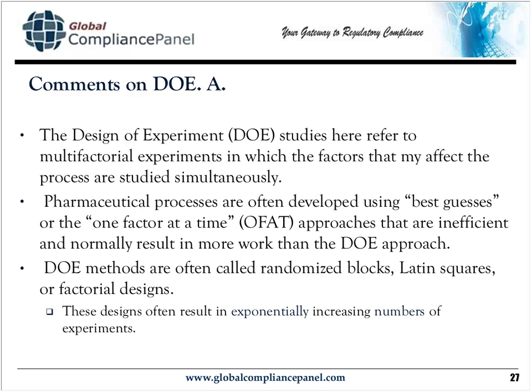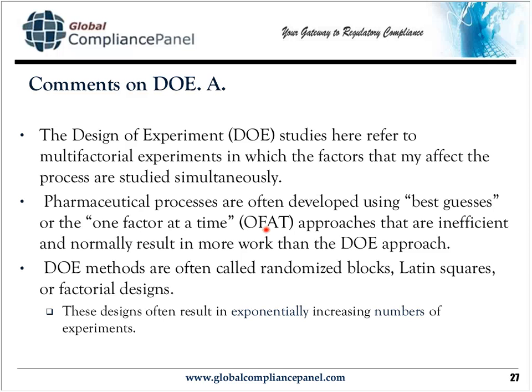Now, the problem here is that a lot of times people, especially the inexperienced, start with what are called best guesses. And so you have your so-called one factor at a time approach.